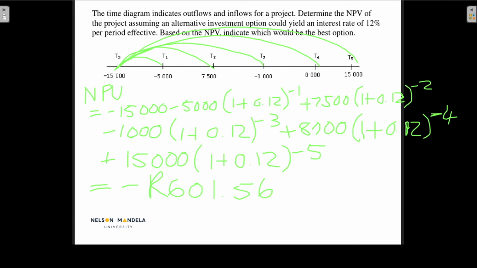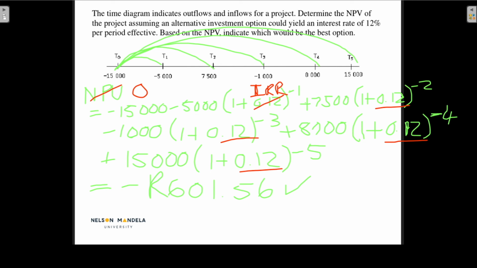You should get this -601, and then also use it to get the internal rate of return. Remember, for the internal rate of return, we do not substitute the 12%, but we have the internal rate of return for all the interest rates. And then we solve for the internal rate of return if the net present value is set equal to 0.